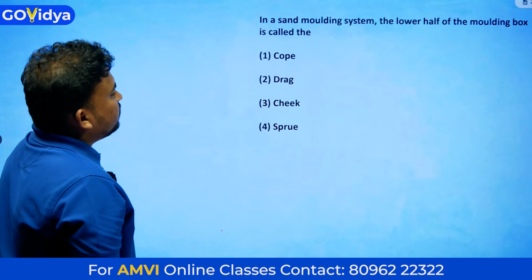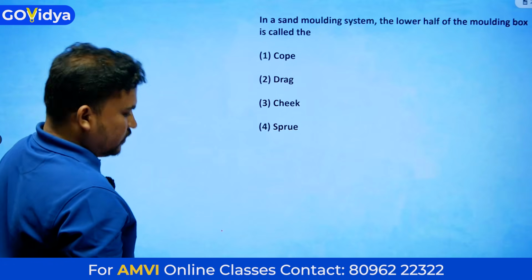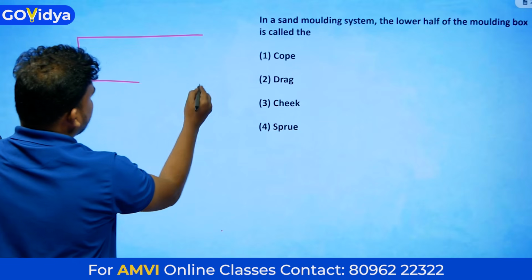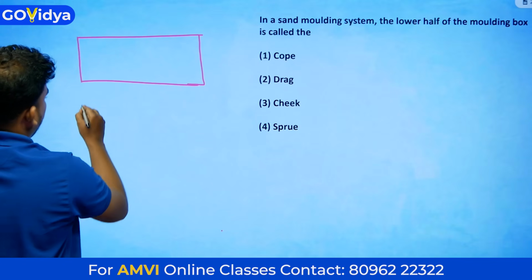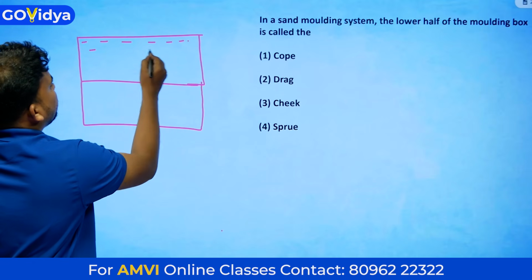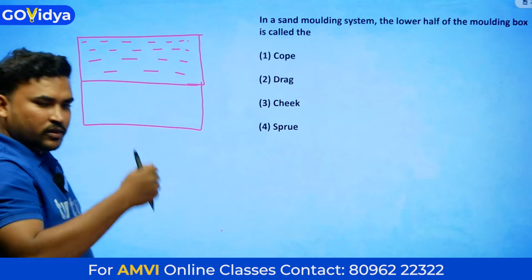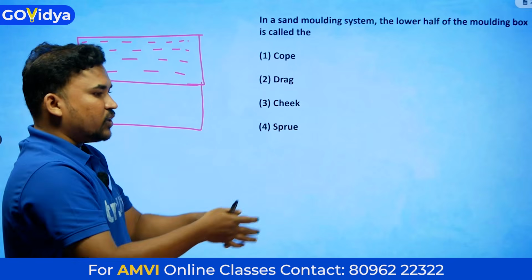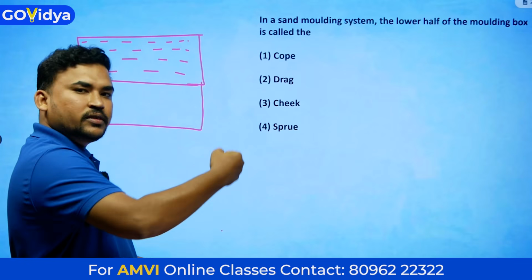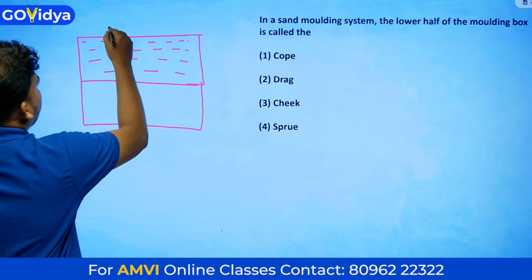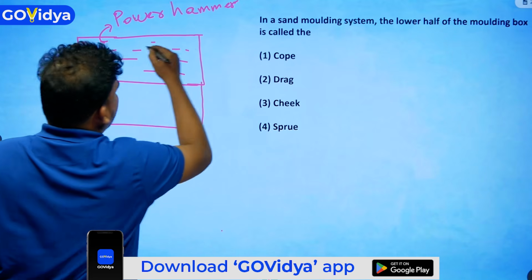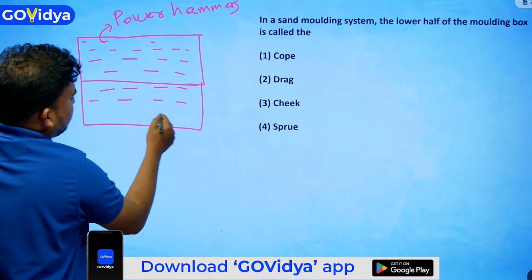In the sand molding system, the lower half of the molding box is called what? In the sand molding process, in metal casting, we place the boxes, and after that we fill the sand in these boxes by ramming, using rammers and hammers, actually power hammers, to ram the sand.